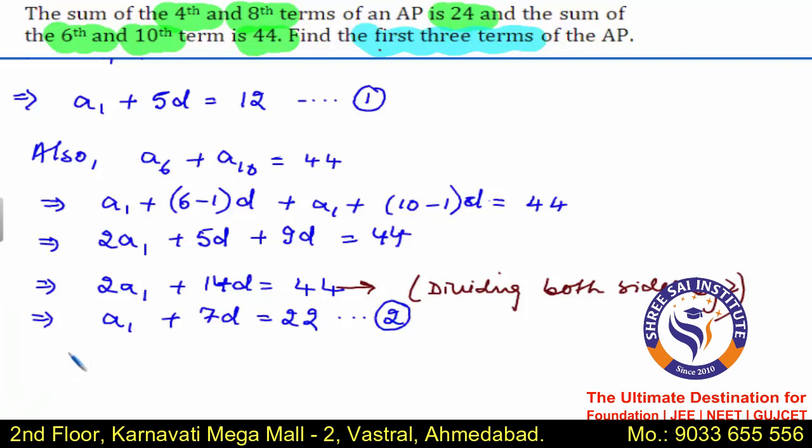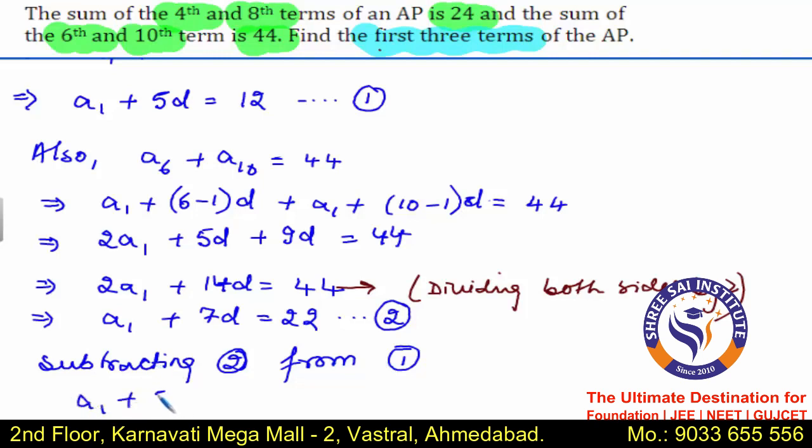Now, subtracting equation number 2 from 1, on the left hand side we have A1 plus 5D minus of A1 plus 7D, and on the right hand side we have 12 minus 22.